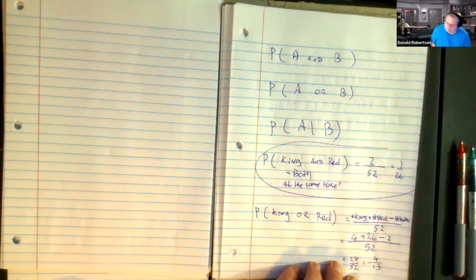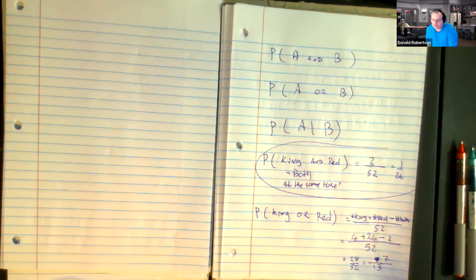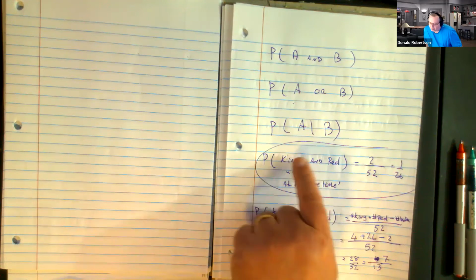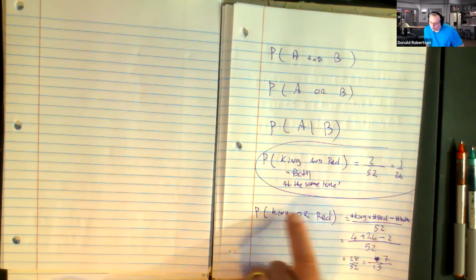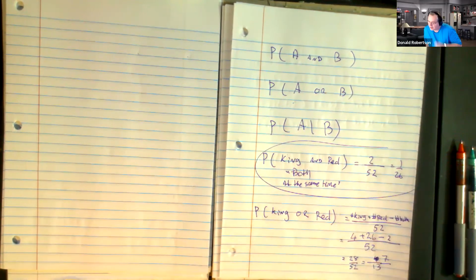And so the answer isn't 30 out of 52, it's only 28 out of 52, which you can divide by 4 and get 7 13ths. That's what I meant to say. So that's a king or a red. Do you see that an and is really both things happening? An or is one or the other happening, right?